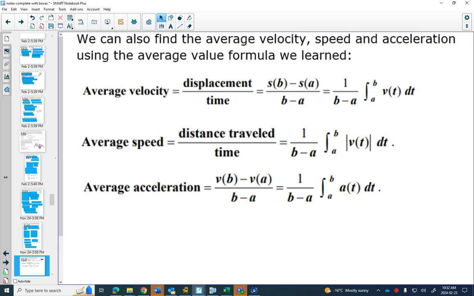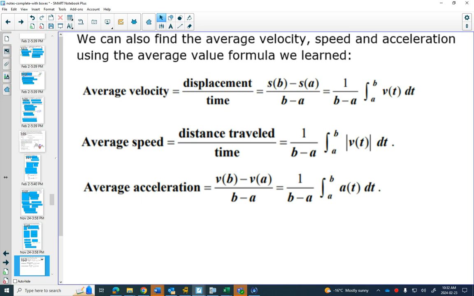So average velocity, you already know it's however far you traveled divided by the time that it took. So we could do S of B minus S of A over B minus A. And it just so happens that this is also equal to the average of a function, which is the integral from A to B of V of t.